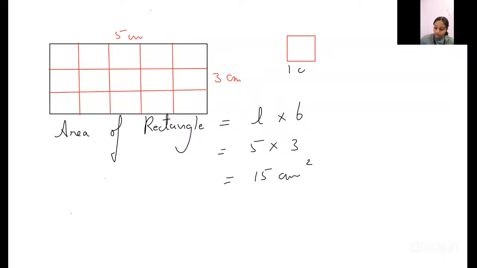So this is why we use the formula length into breadth. It divides the whole thing into equal boxes, equal blocks, and with that we find out the area.